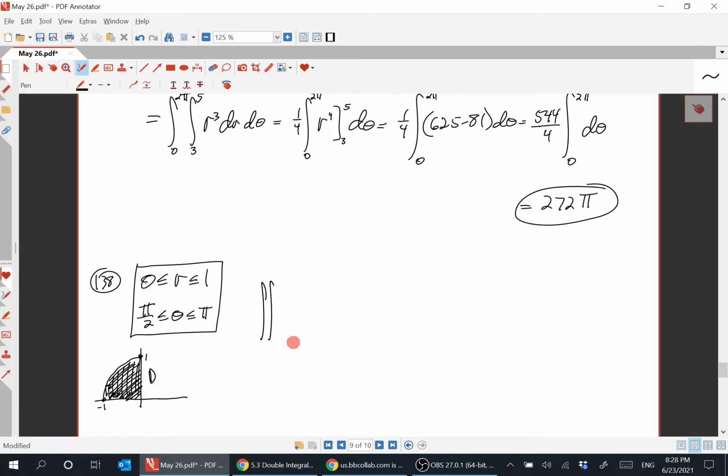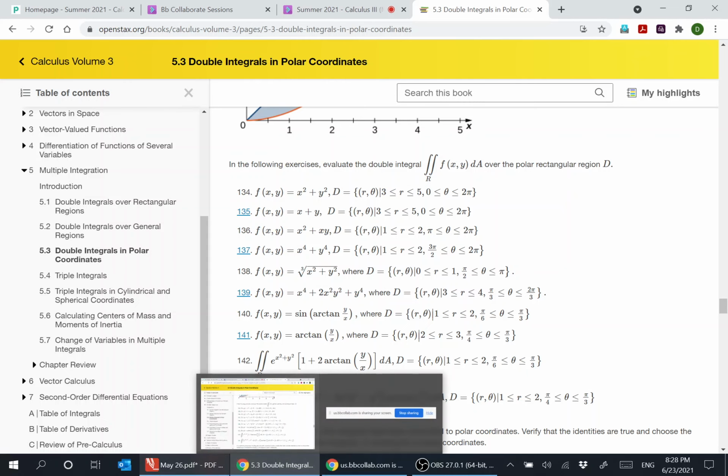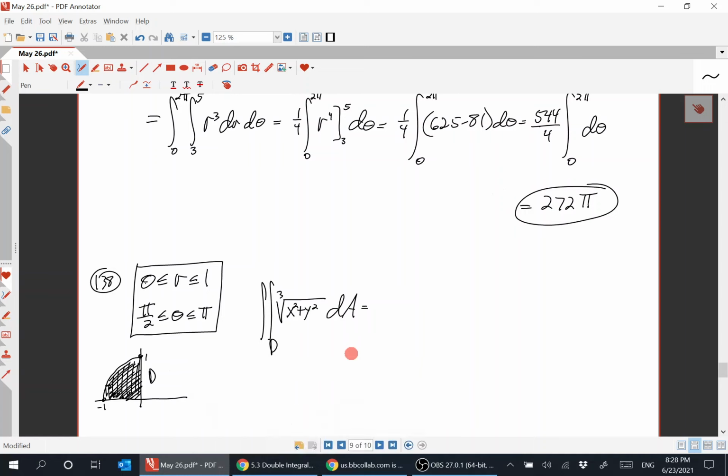And we want to calculate the double integral of the third root of x squared plus y squared. Let's do r first.